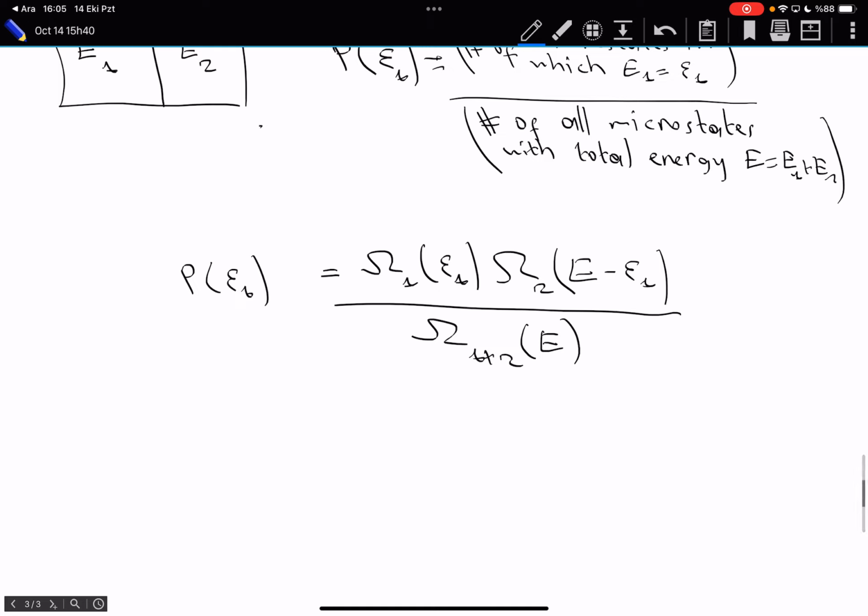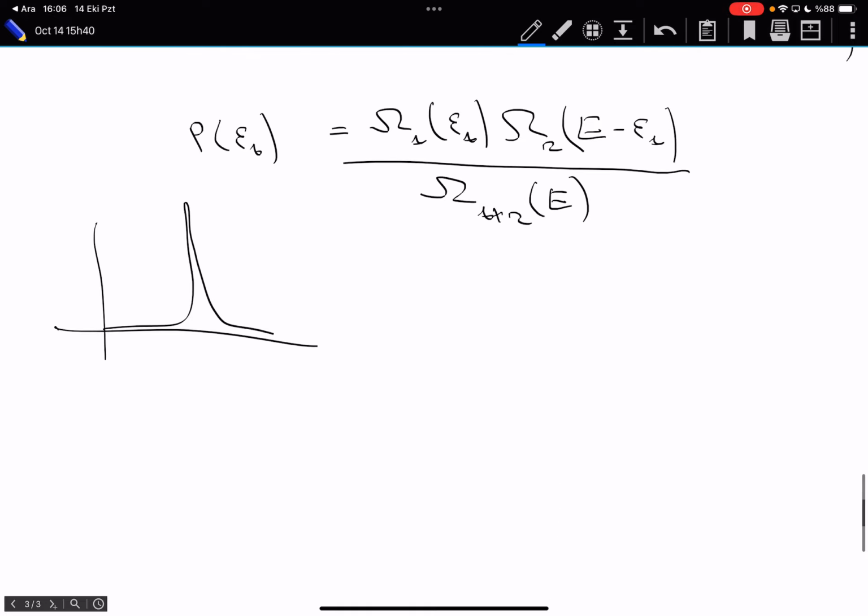Now, we will calculate this explicitly later on, but as with most of the probabilities that we will calculate, this has almost a Dirac delta shape. So now I can ask you the question, what is the most probable epsilon 1? So the most probable value of the energy of the left-hand side that I will obtain, how can I calculate that? Well, let's see.